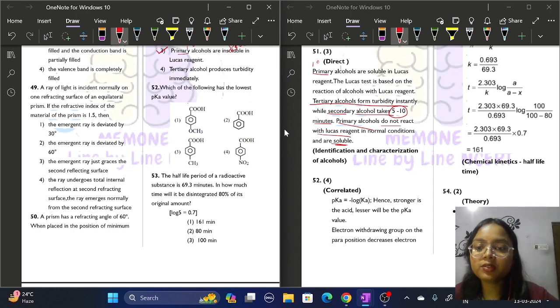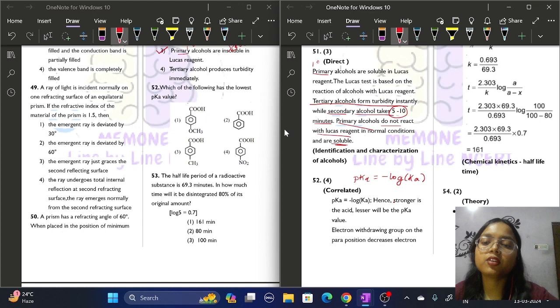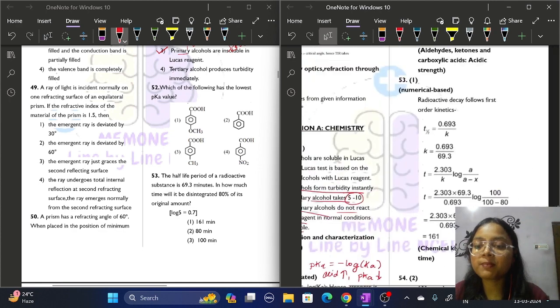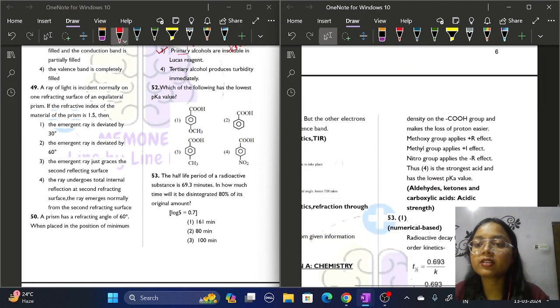So we know that pK, the formula of pK, is minus logarithm of Ka. And we also know that if the acid is stronger, the pKa value is lower. Also check one thing: the electron withdrawing group on the para position decreases electron density on the COOH group.